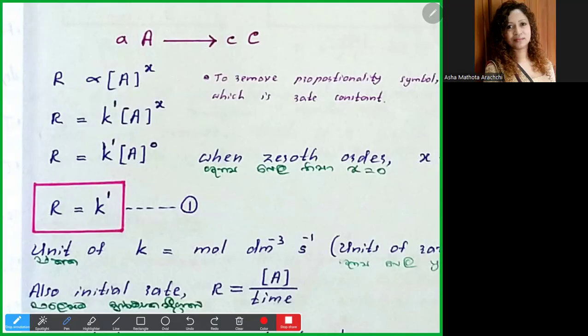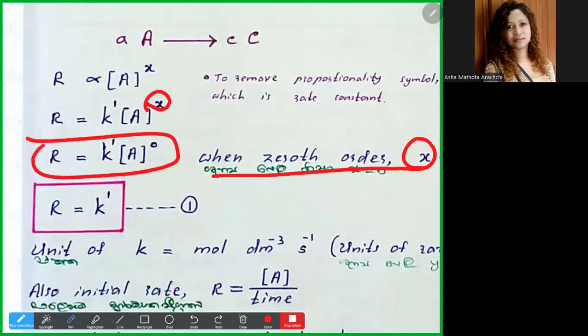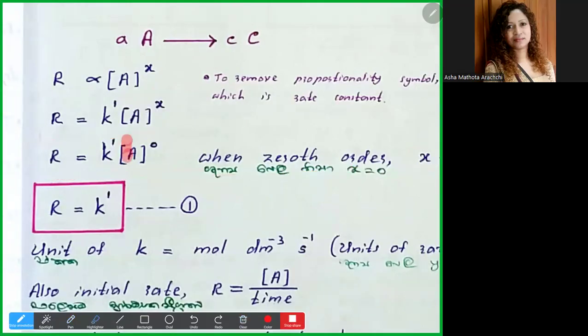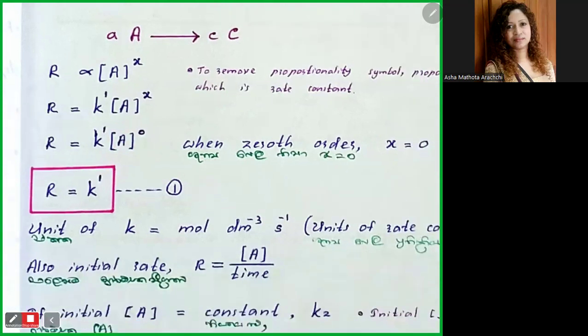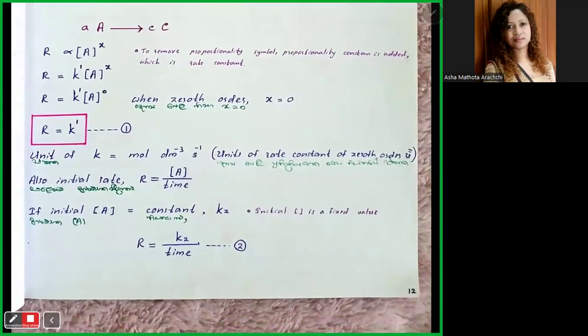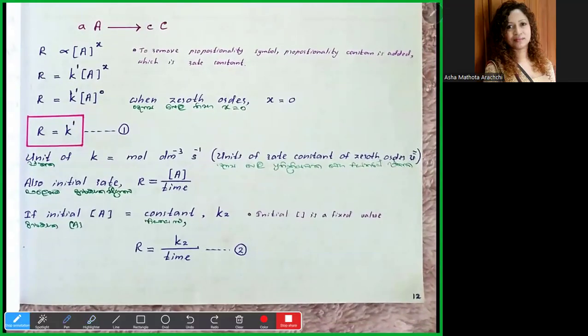Is it clear from here to here? Then x equals 0 because it's a 0 order reaction. So instead of x, I'm writing r equals k prime [A] to the power 0. Anyway, A to the power 0 equals 1, so I can come to my first equation, r equals k prime. I'm making it equation number 1.